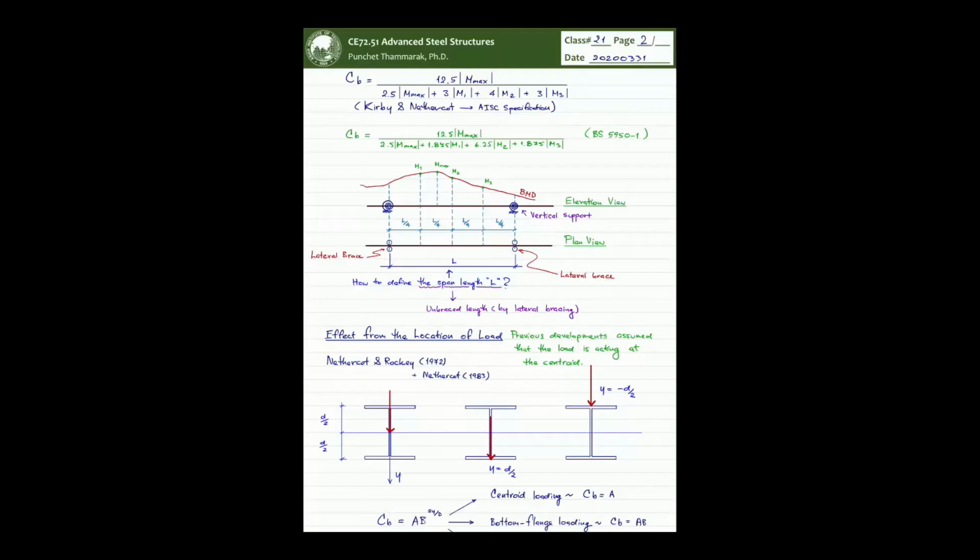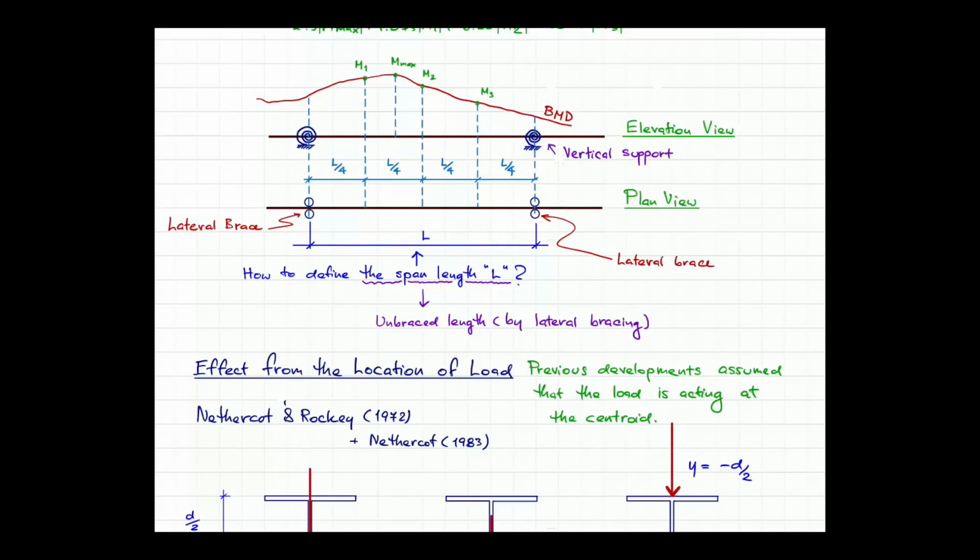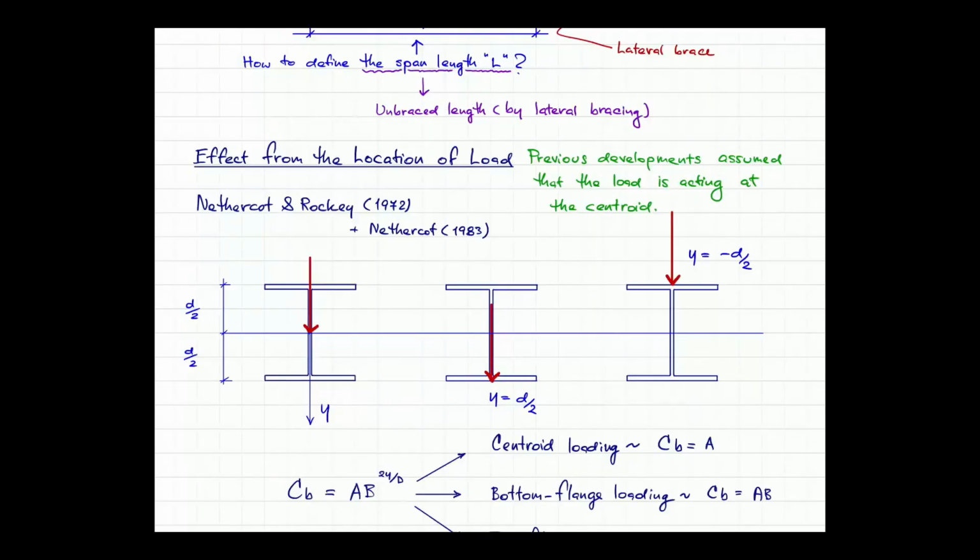Up to now, we have not incorporated the effect from the location of the load. So the location of the load was incorporated by these two studies here, Nethercott and Rocky, and Nethercott 1983. At that moment, well, I was just 1 year old.